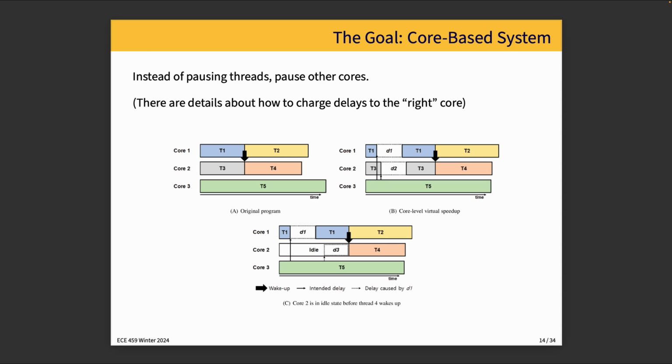There's delay assigned to core 1 labeled D1 and delay assigned to core 2 labeled D2, right? Now there's some amount of complexity that this last part of the diagram labeled C shows, which is the idea that like when thread 1 finishes here, it's going to wake up thread 4. And there's an intended delay, but there's also a little extra delay caused by pausing thread T1 running on core 1 to try to make sure that everything lines up as it's supposed to.